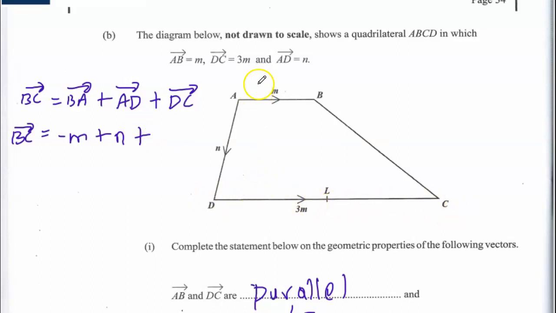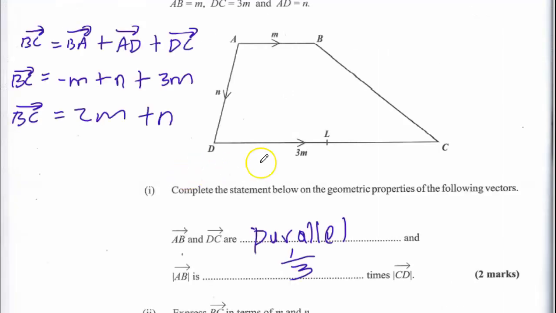DC is 3m, as we see here. And of course, we can group like terms. Negative m plus 3m, that's 2m, plus n. So the vector BC, in terms of m and n, is 2m plus n.